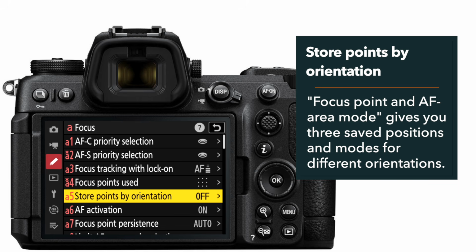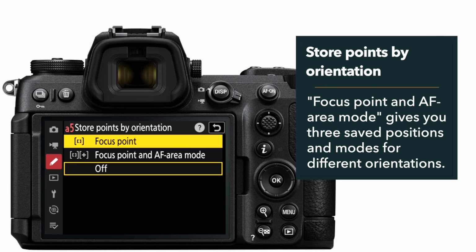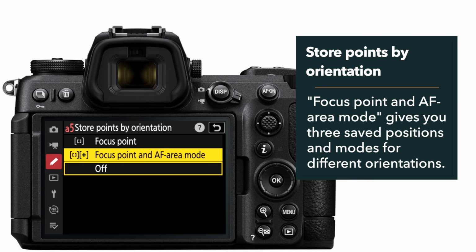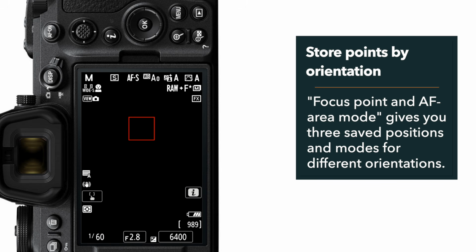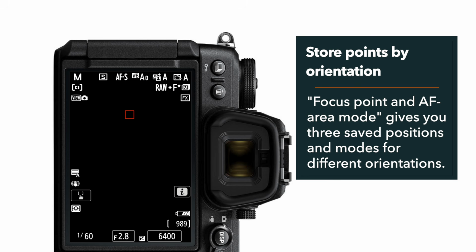Store points by orientation is a really useful feature if you set it to focus point and AF area mode. With this set, you could, for example, set it to single point in the lower third of the screen for a horizontal or landscape orientation photo, and then have the wide, small area in the upper third in the vertical orientation with the hand grip on the top, and then single point in the upper third in the vertical orientation with the hand grip on the bottom, or whatever focus points and positions you want to use.